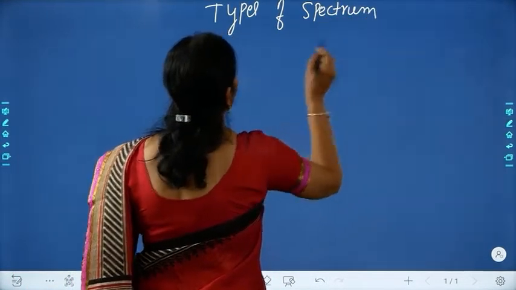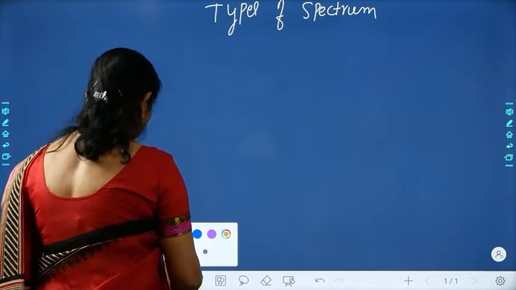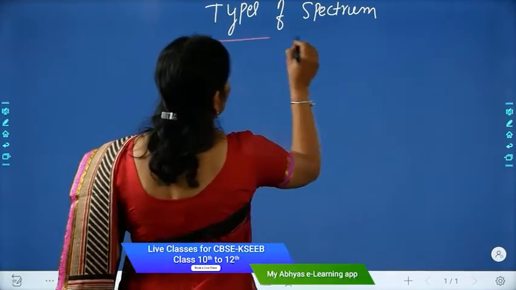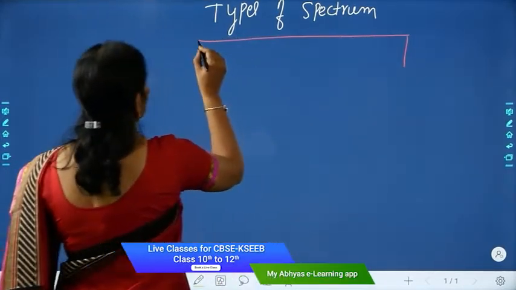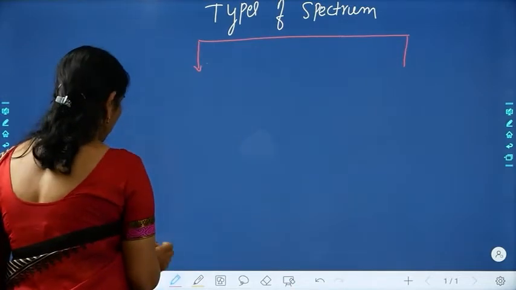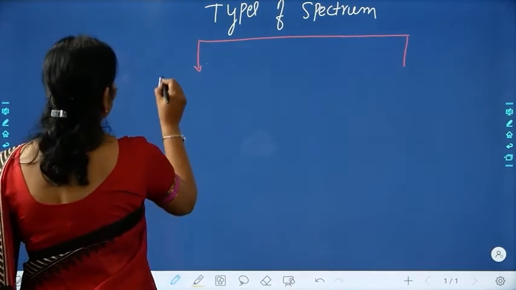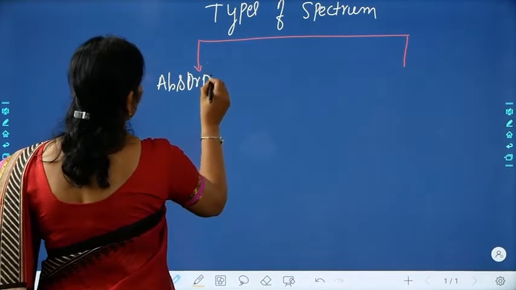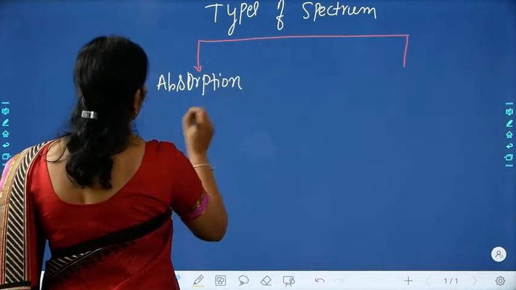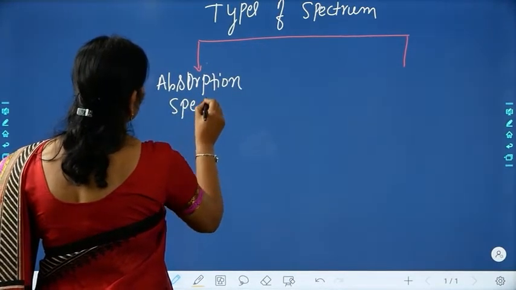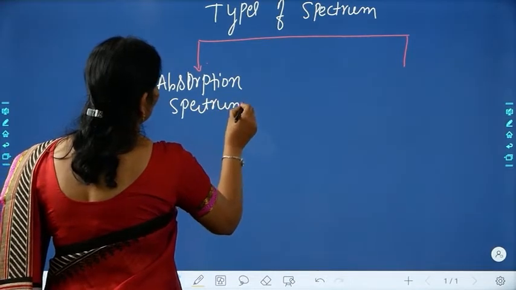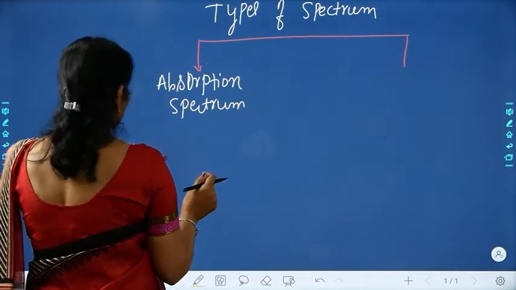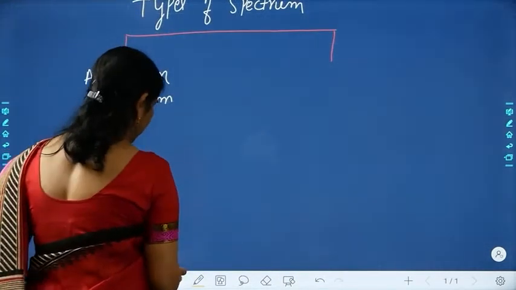So there are two types of spectrum. One is known as absorption spectrum. And the second one is known as emission spectrum.